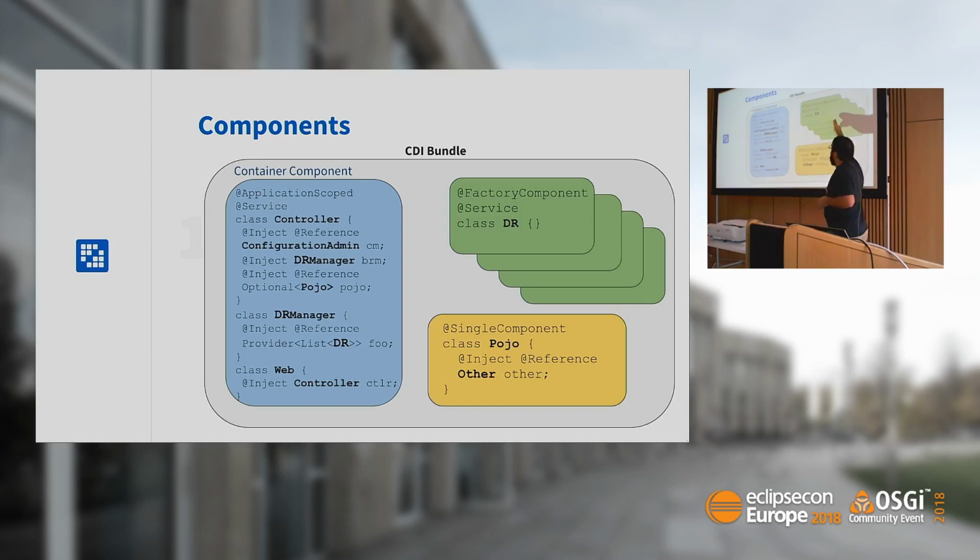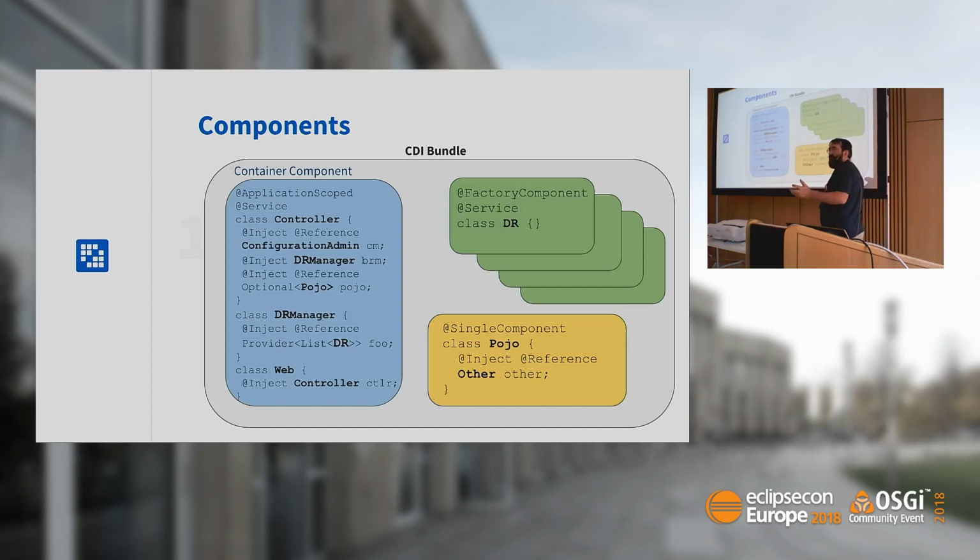So we have factory components which react to factory configuration instances. The more factory configuration instances you create, the more factory components you get out of it. If there are none, you get none. Single component can live without configuration. It's optional by default. Or you can specify some policies against configuration, which I haven't shown, just for brevity.